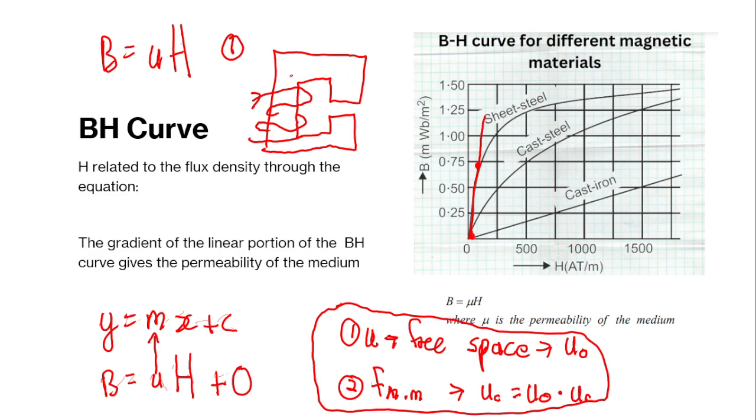Based on the pathway, you will calculate a value for B, so you have B core and B air gap. For this material, would B core and B air gap be at different values, or would it always be the same value?